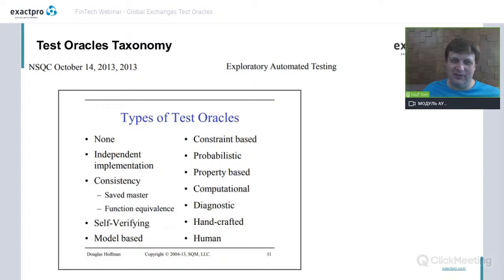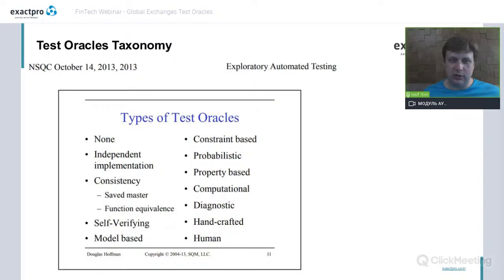So 12 types. The taxonomy and types of test oracles is slightly different in the black box software testing course, but they also heavily refer to Doug Hoffman's classification.